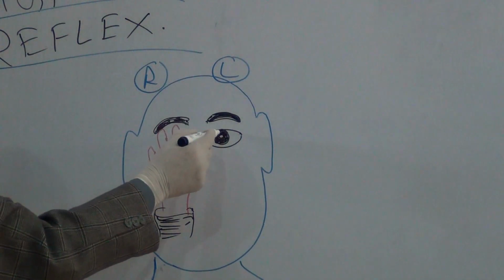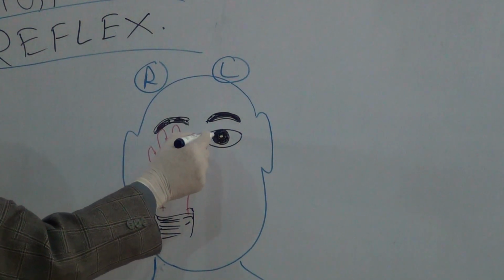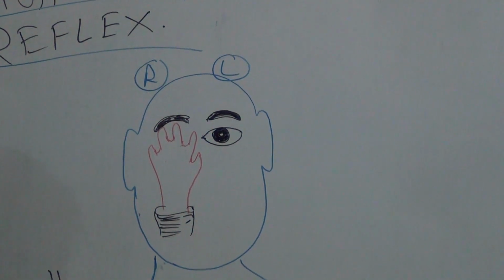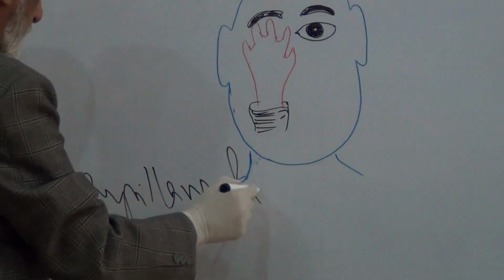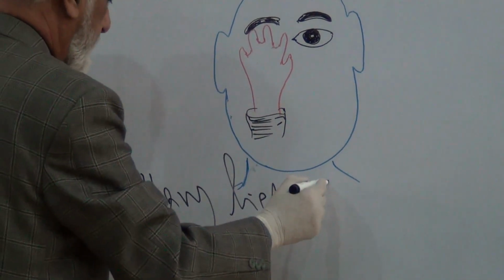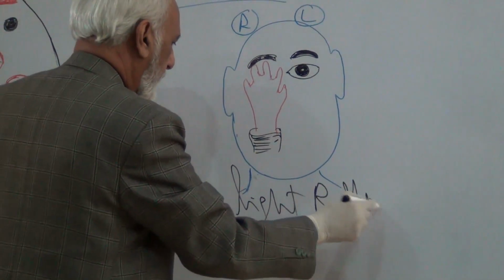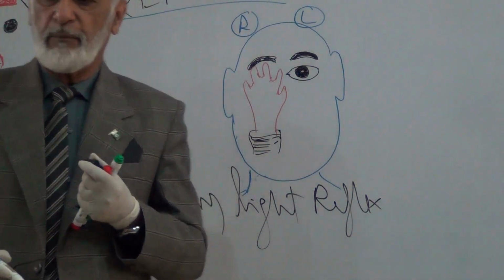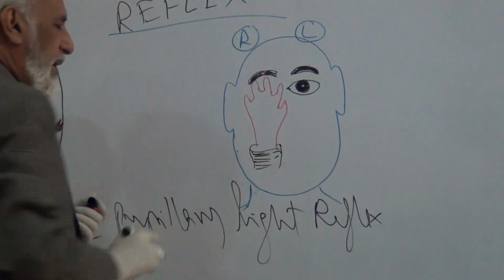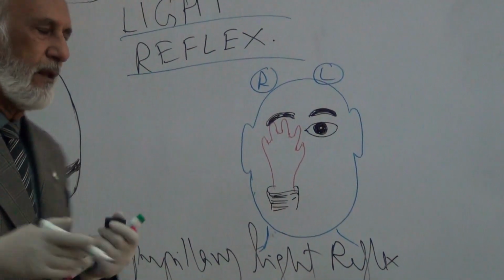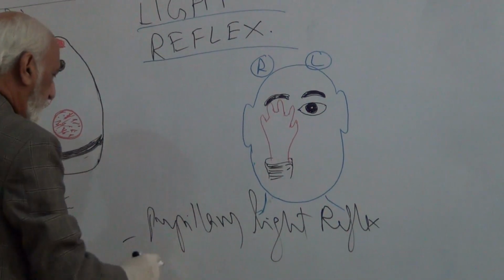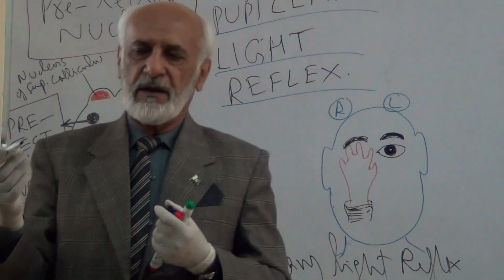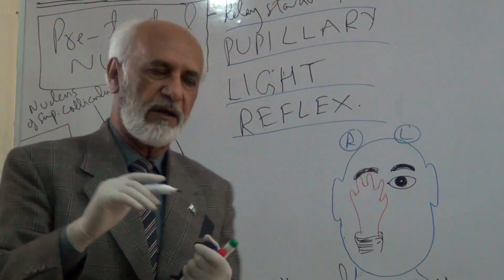So when the pupil of the eye constricts in response to light, it is called the pupillary light reflex. But at the same time, the pupil of the opposite eye, which is covered by hand or by a card, will also constrict. So in response to light, the pupils of both eyes, uncovered and covered, will constrict.